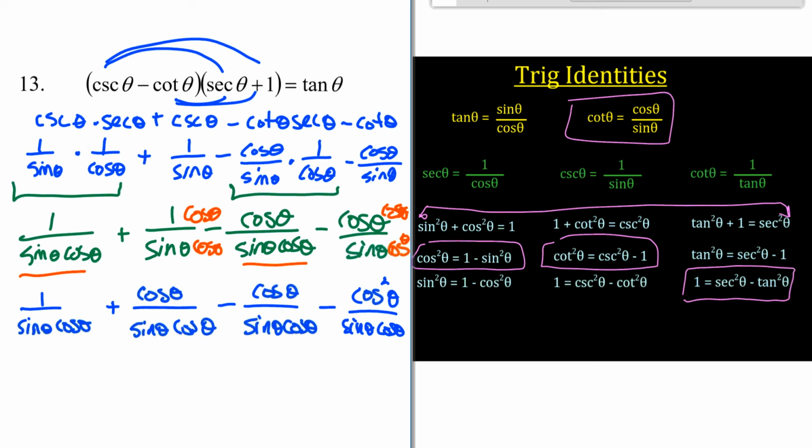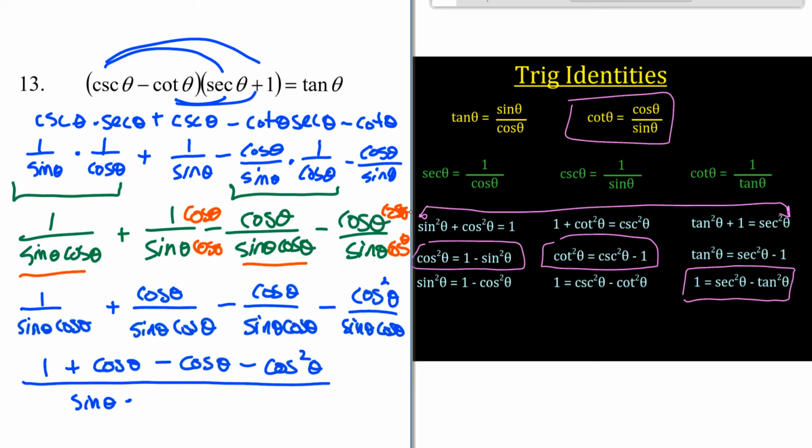So now that we have a common denominator, we can combine all of these fractions and make them just one fraction. So what that means is we're going to have 1 plus cosine theta minus cosine theta minus cosine squared theta, all of that over sine theta times cosine theta.